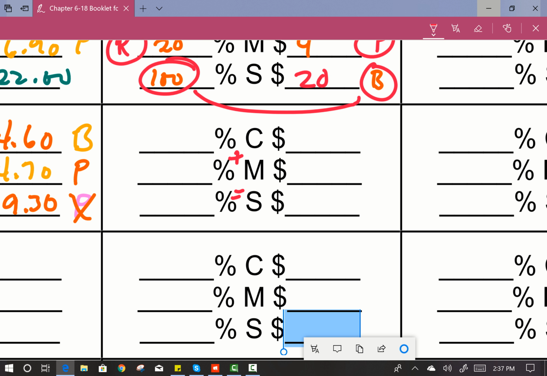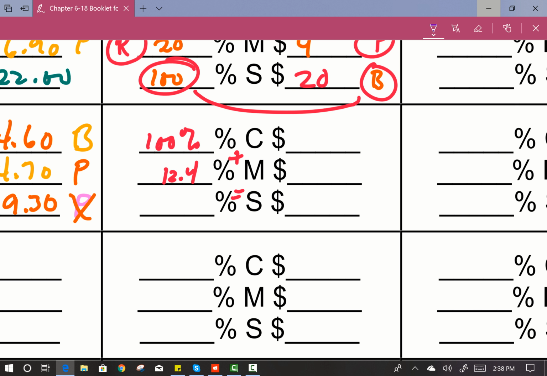So on this particular one, if we know the percent of markup on cost is 12.4%, if I know that my percent of markup is 12.4%, and that's the percent markup based upon cost, I want to make cost 100%.